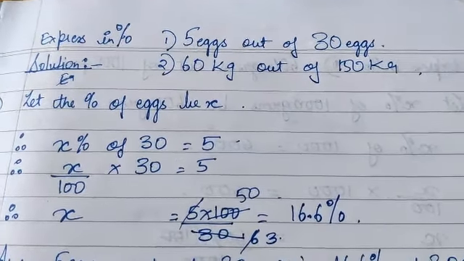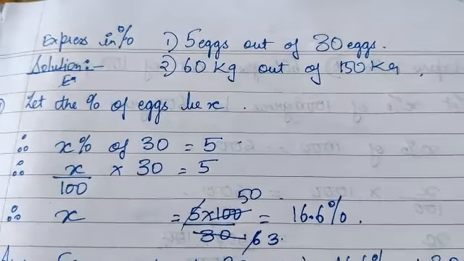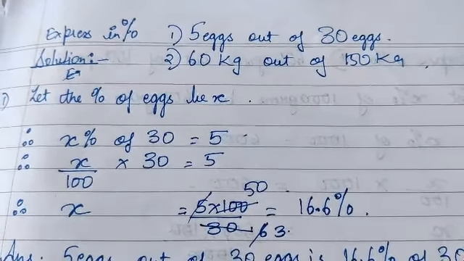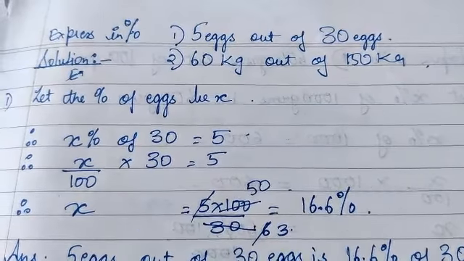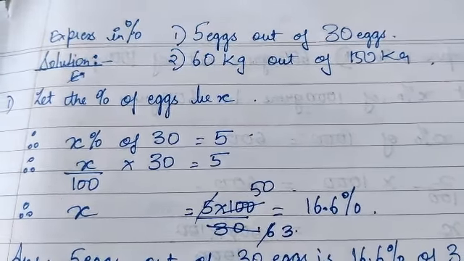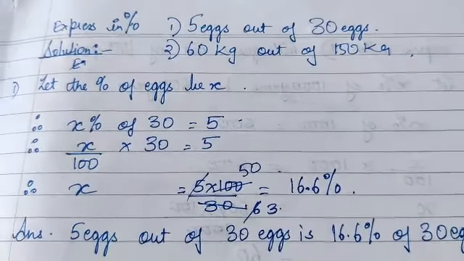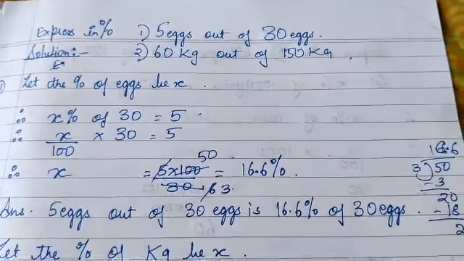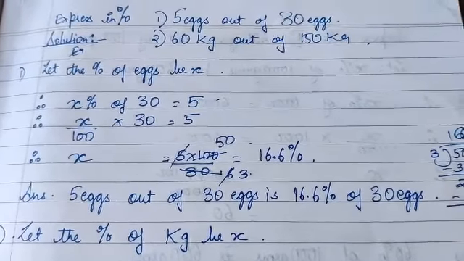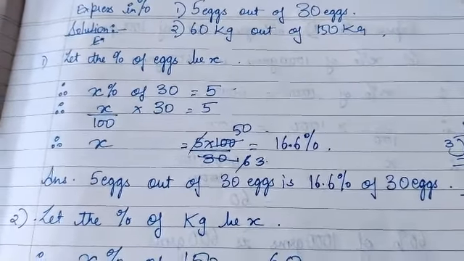So we'll say that x percent of 30 gives you 5. So when you solve it, x percent means x upon 100, of means multiplication, into 30. When you solve it, you get x is equal to 16.6%. And you say 5 eggs out of 30 eggs is nothing but 16.6% of 30 eggs.